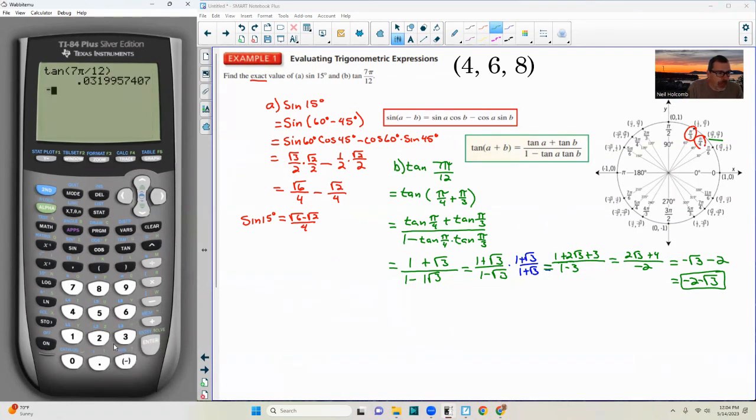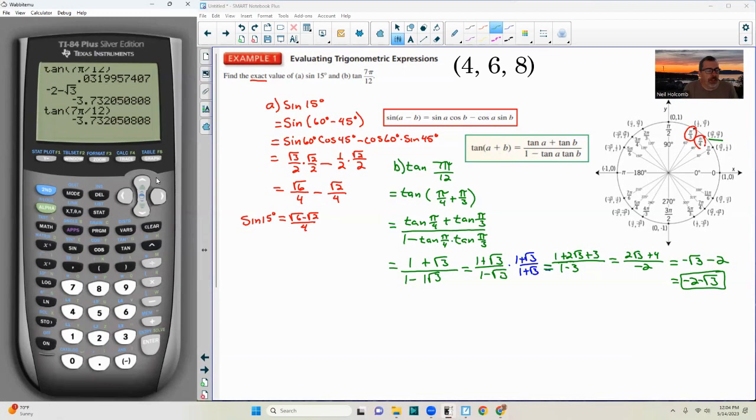Now I'm going to do negative 2 minus the square root of 3. Why did I get a different answer? Mode radian. So let's try that again. Tangent of 7 pi divided by 12.